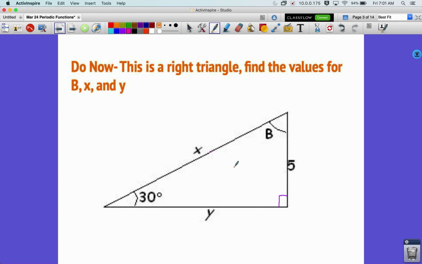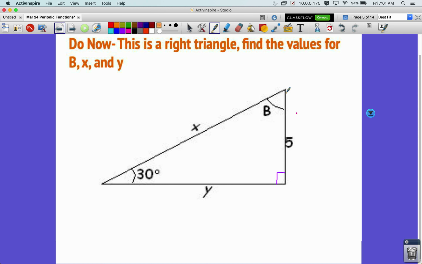All right, let's start with the easiest thing to find, which is this angle here, B. There's something called the triangle sum postulate, which says that the interior angles of a triangle have to add up to be 180 degrees. So this here is 90 degrees. Let's go ahead and write this rule out.